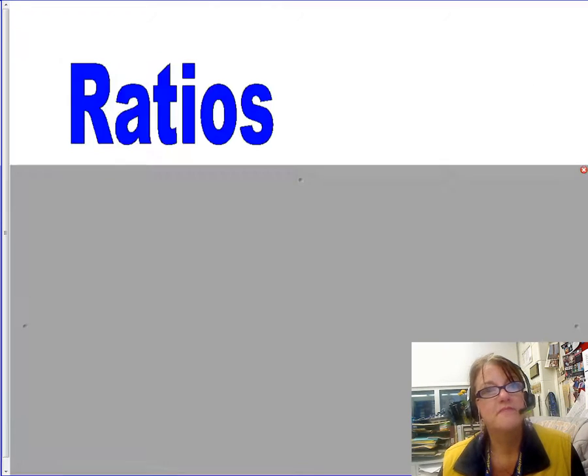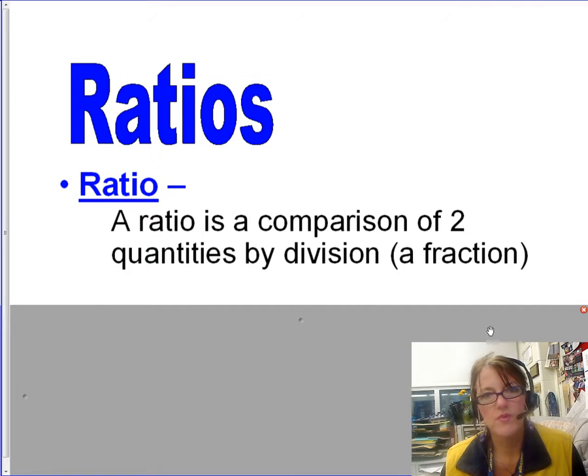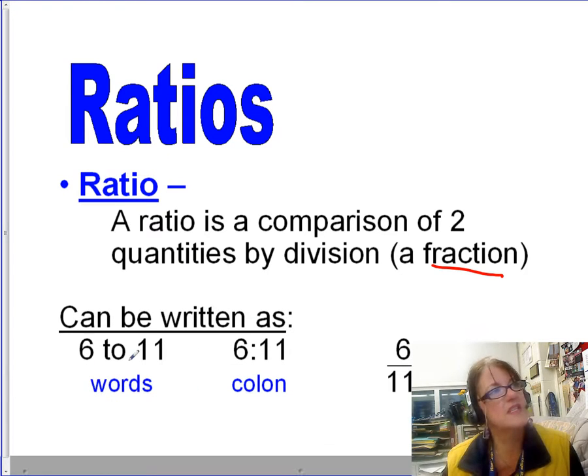All right. Next, ratio. What on earth is a ratio? Well, it really is simply comparing two numbers. And how do we write that? A lot of times we just write it like a fraction, like 1/2. That would be 1 to 2, 5 to 7, 5/7, 3 to 4, 3/4. But there are a few different ways that you can write it. Something like 6/11 or 6 to 11.